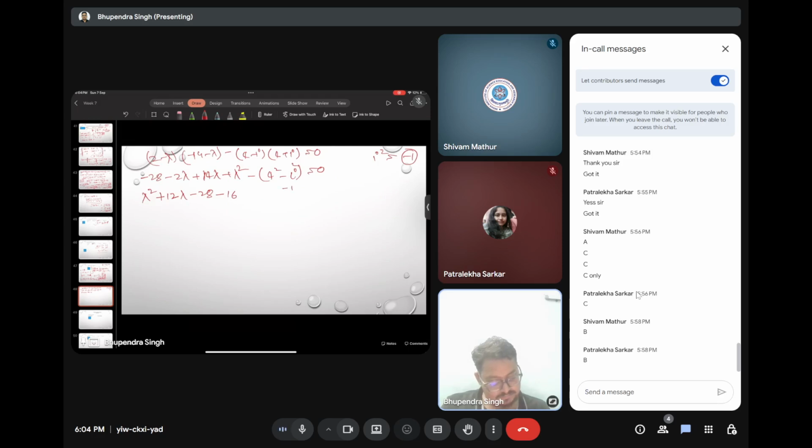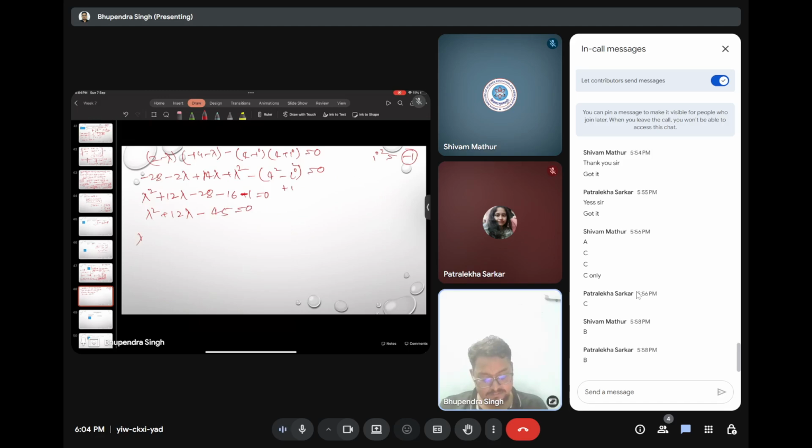So this is minus 1. So it will be minus minus plus 1 equal to 0. No, this should be plus 1. So lambda square plus 12 lambda, we are making some 29, 16, 45 equal to 0.